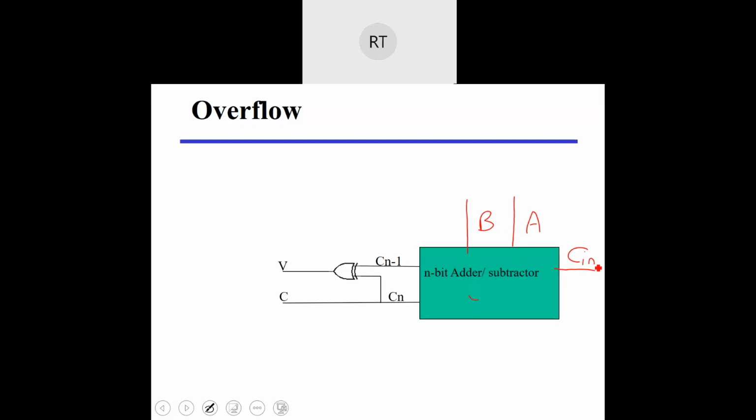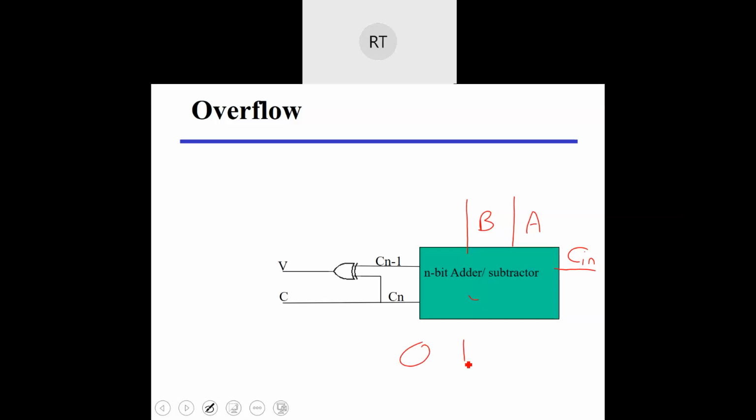You have the carry Cn, and the carry that is before it, Cn minus 1. Okay? If you XOR them and you get a 1, it will give you an overflow. Do you remember in XOR, when do we get a 1? When do you get a 1 in the output? If one of them is 1 and the other is 0.